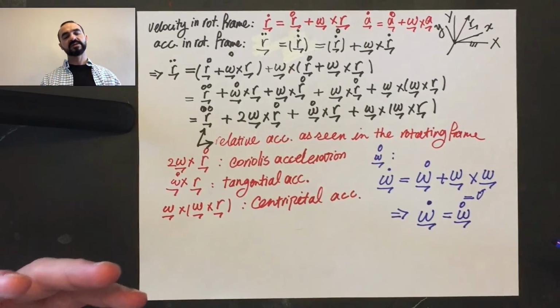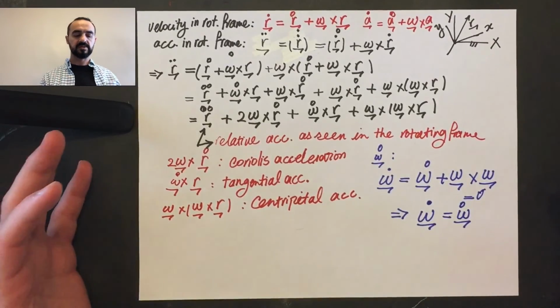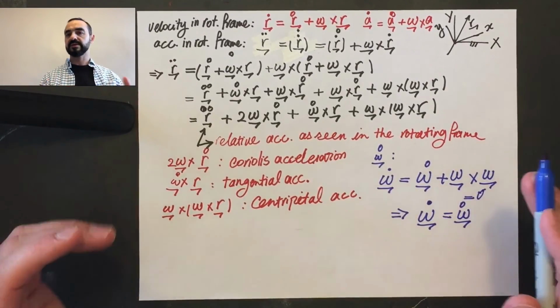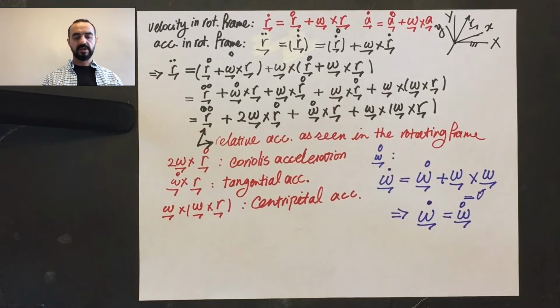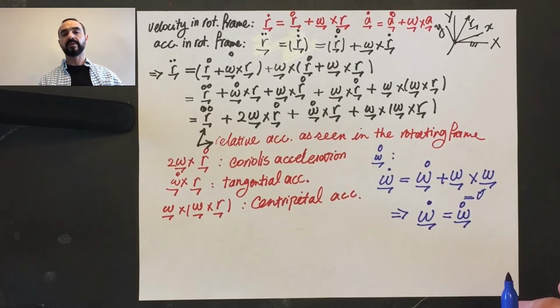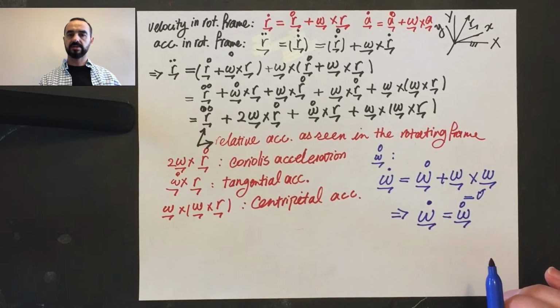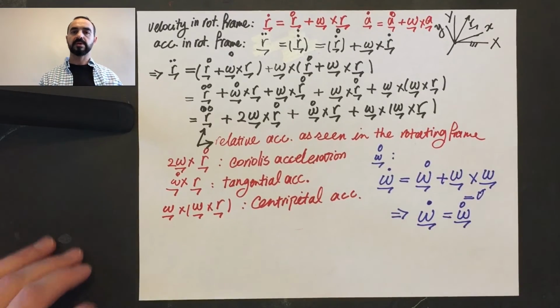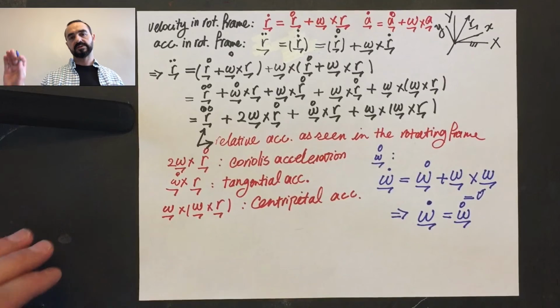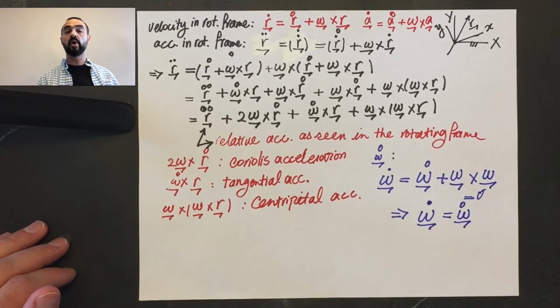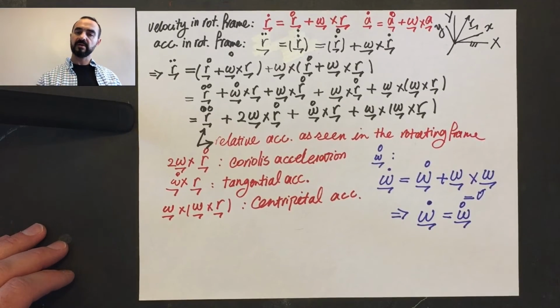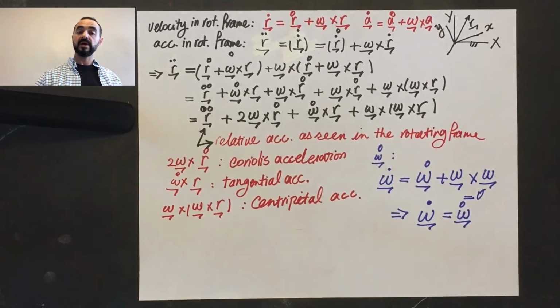And now, next lesson, we're going to use this small piece of information, along with the latest lesson, to talk about velocity and acceleration of an arbitrary point in a rigid body. This is where we started. We started with a rigid body. We said that our goal is to derive velocity and acceleration of the rigid body in a frame attached to the rigid body and relate that to absolute velocity and accelerations.